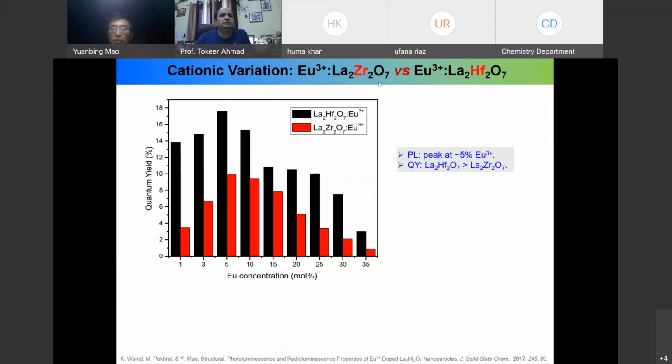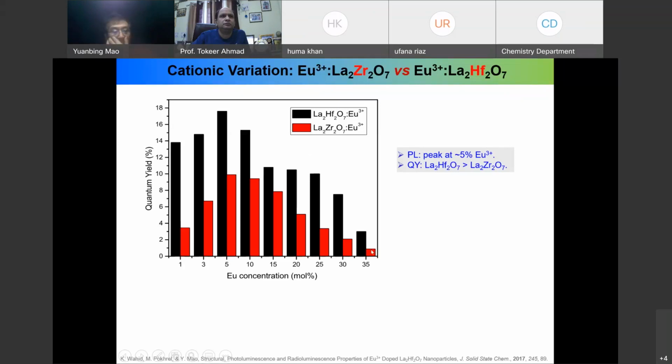The other thing is here. Now I'm going to show you for both of these host materials, we doped them with europium 3+, with the same europium concentrations. One interesting thing is you will see that for both the lanthanum hafnate and the lanthanum zirconate host, there is an optimum doping level, about 5%.